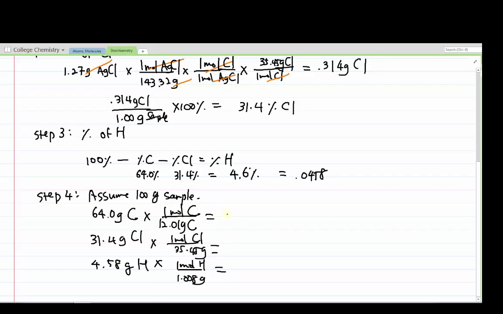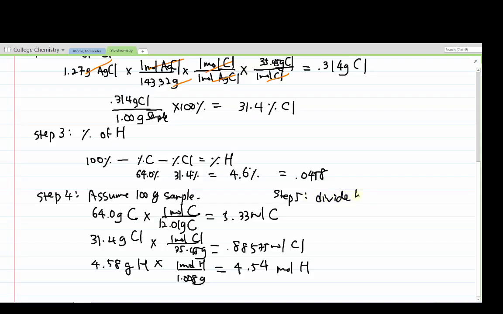Turned out to be you have 5.33 moles of carbon present in our sample, and you have 0.88575 moles of chlorine. Finally you have 4.54 moles of hydrogen.